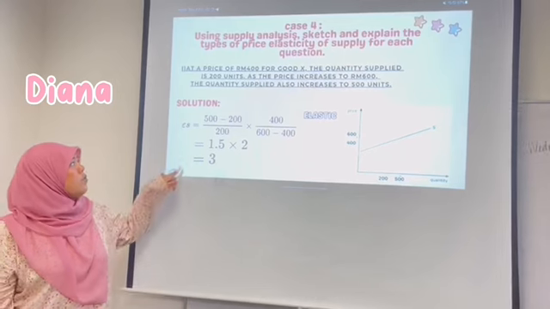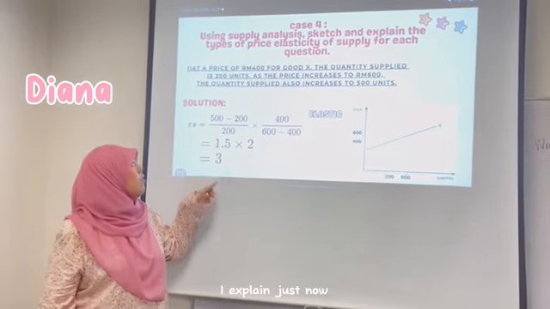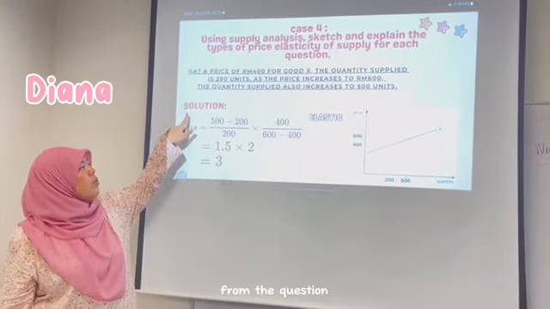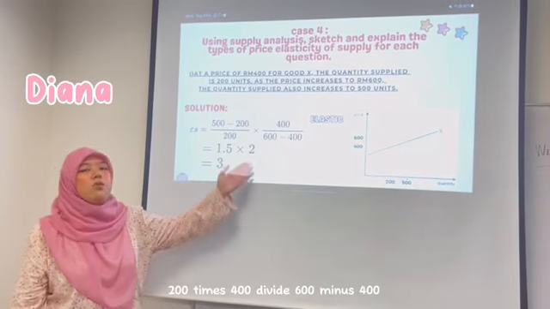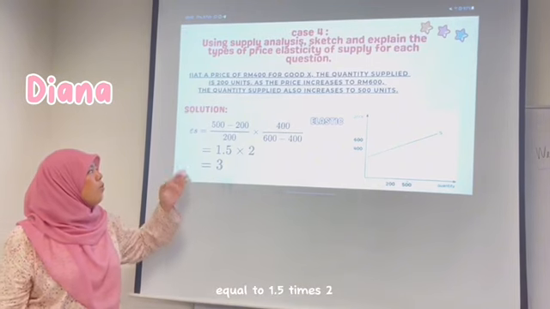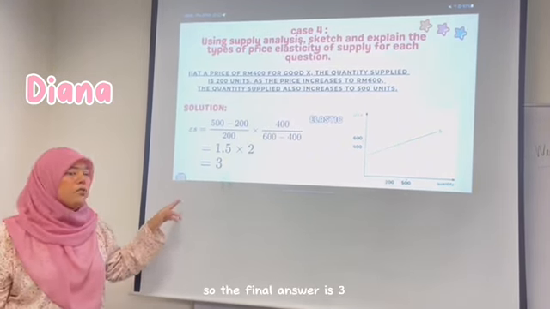Based on the formula that I explained just now, we fill in the numbers from the question: 500 minus 200 divided by 200 times 400 divided by 600 minus 400 equals 1.5 times 2. So the final answer is 3.